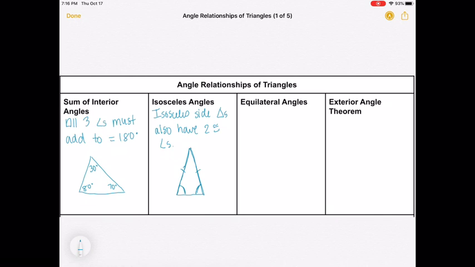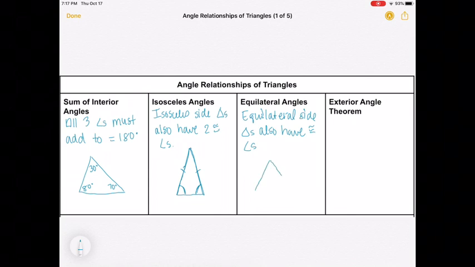Okay, equilateral angles. So kind of similar here, equilateral triangles also have congruent angles. And in this case, we'll come back to that actually.